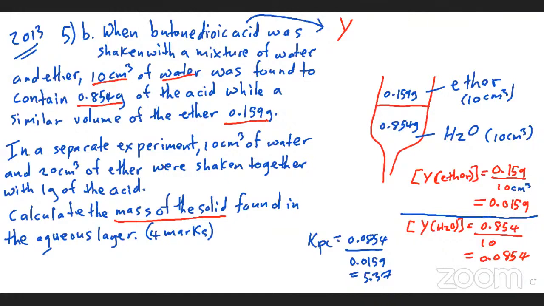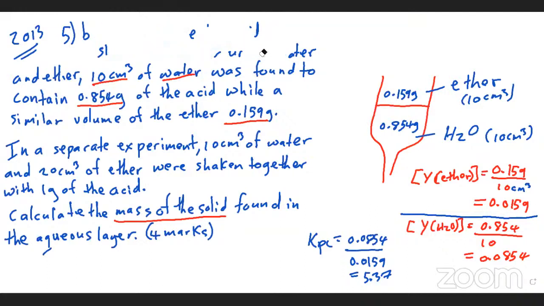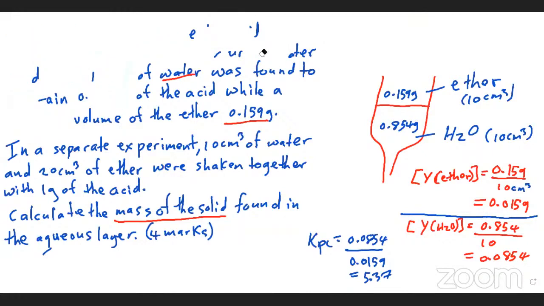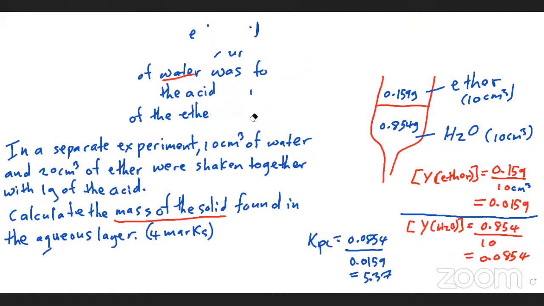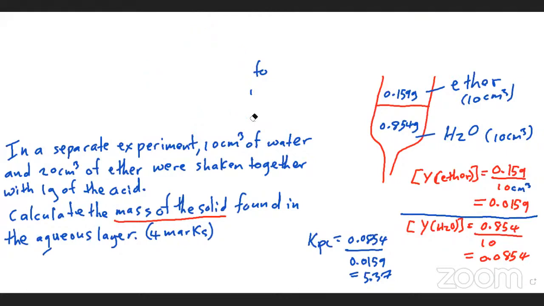I'm going to erase the question now because we haven't actually answered the question as yet. So the first part of the question was to allow us to get KPC, the solubility.